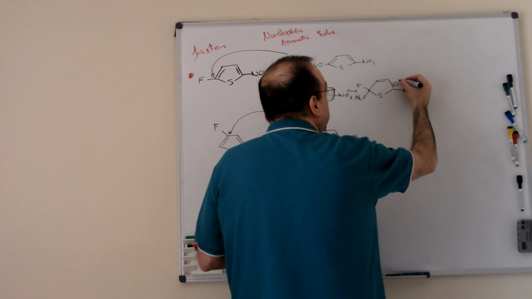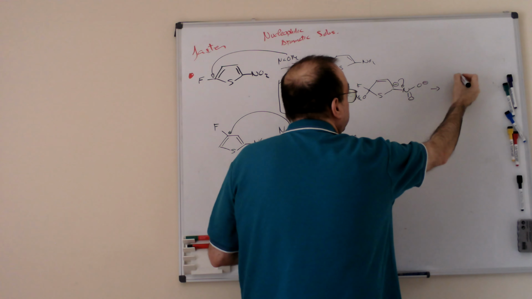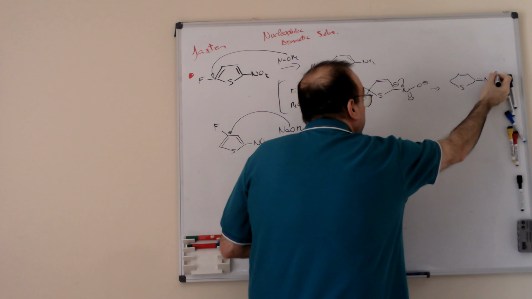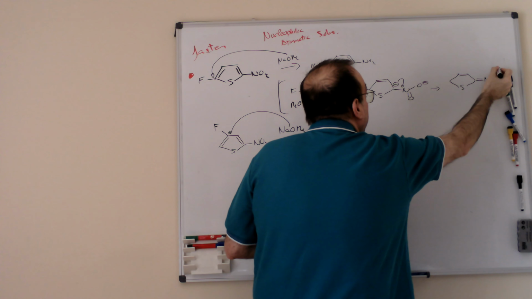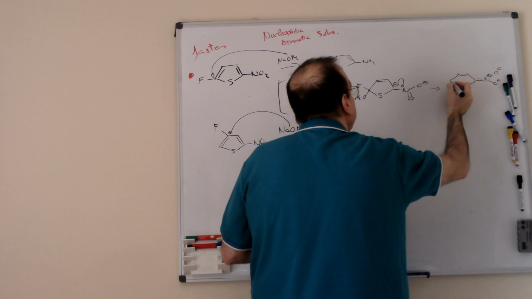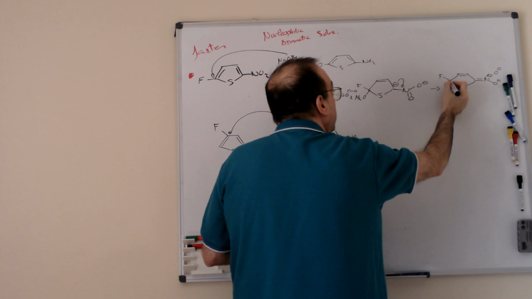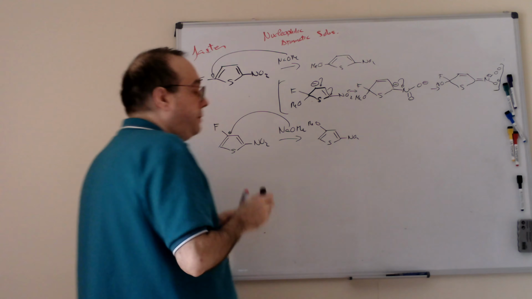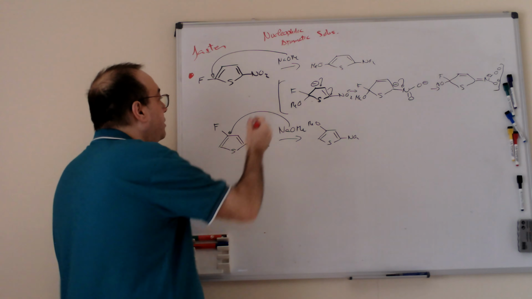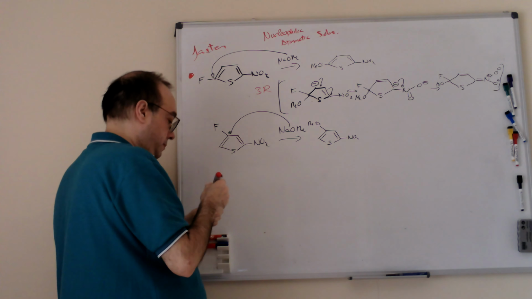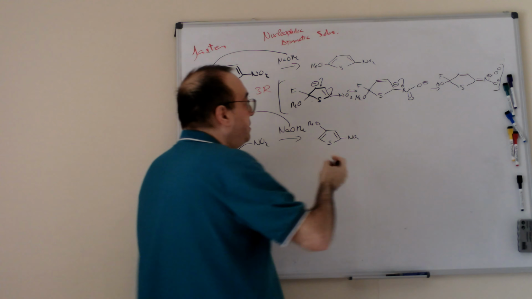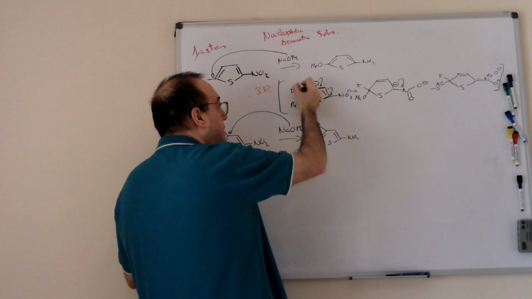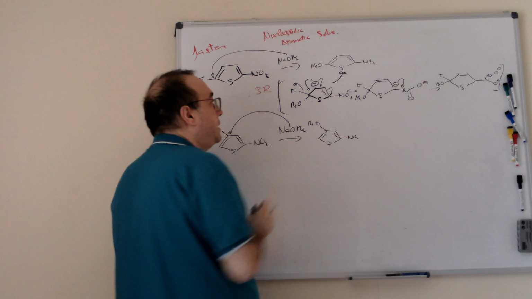Then we can stabilize this negative charge going here, and that means that we have three resonant forms. The last step is basically the elimination to form the final compound.